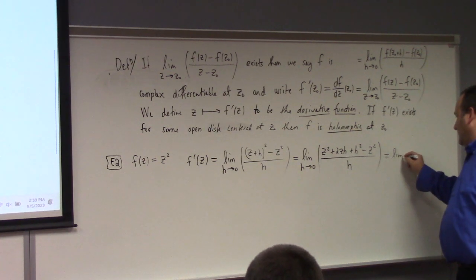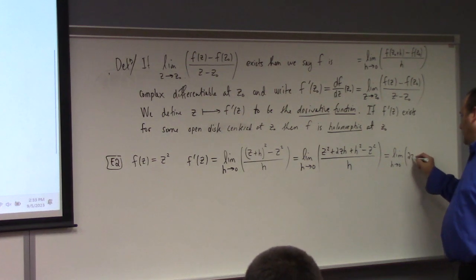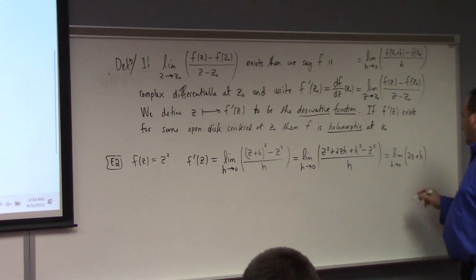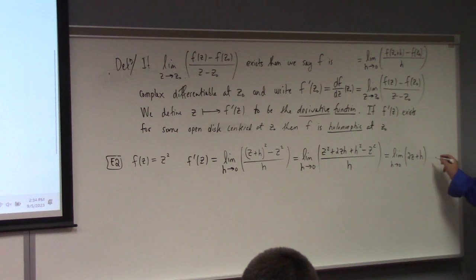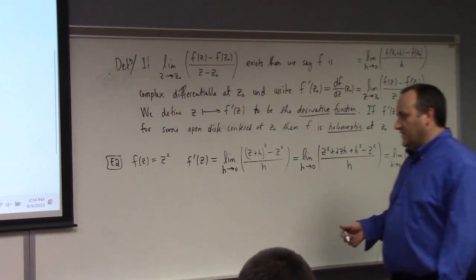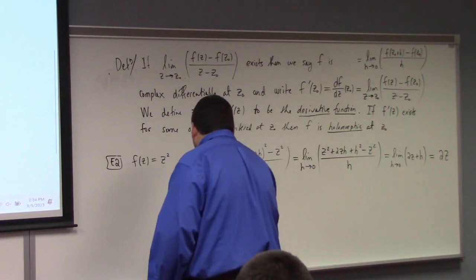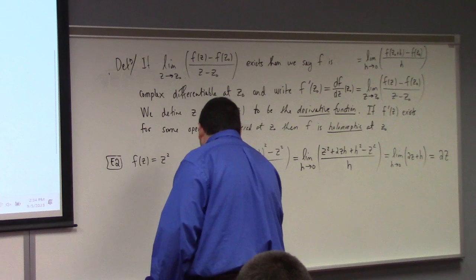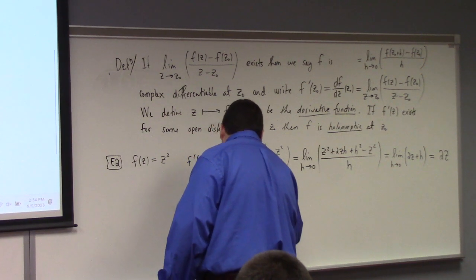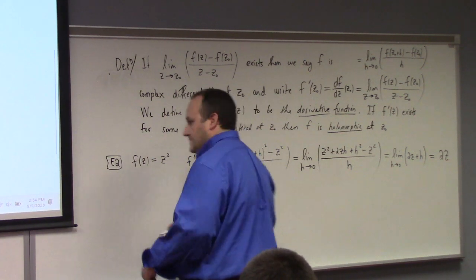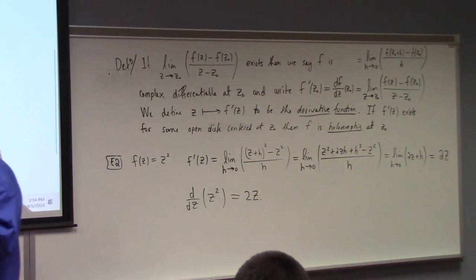We're left with the limit as h goes to 0 of 2z plus h, which equals, surprise, surprise, 2z, right? So let me summarize what we've just shown. We have shown that d dz of z squared, guess what, is equal to 2z. This is from the direct difference quotient definition of the complex derivative.